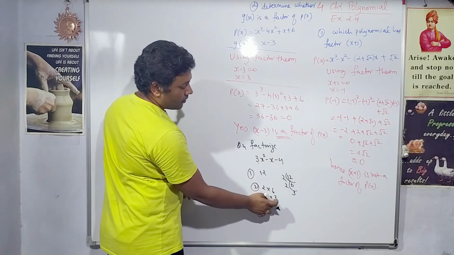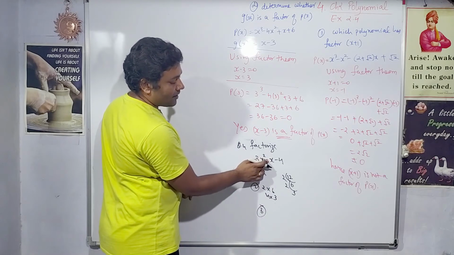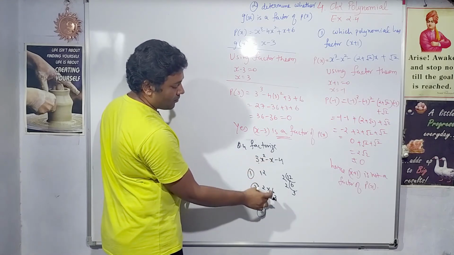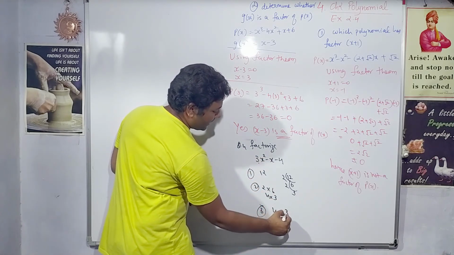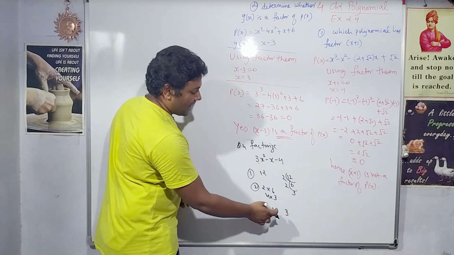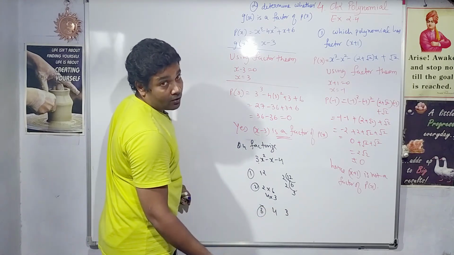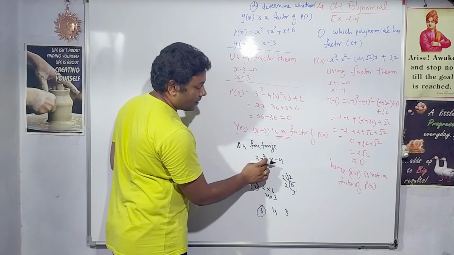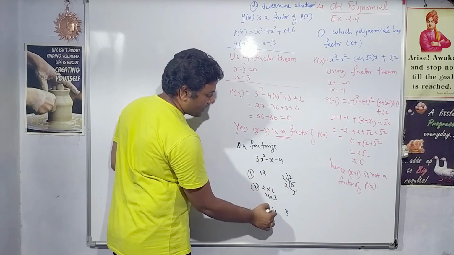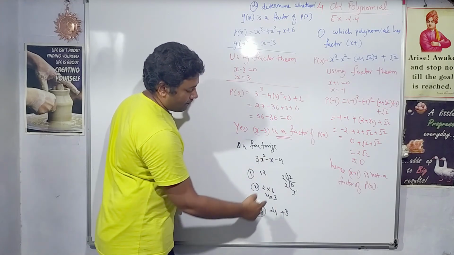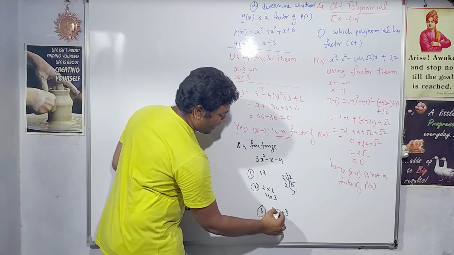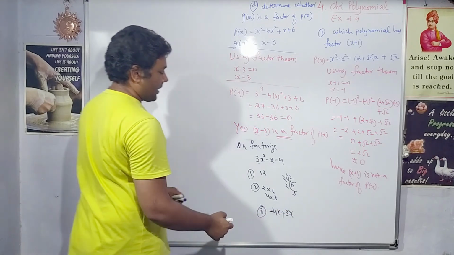So which terms will give minus 1? Here we have minus 1, so 4 and 3. Their subtraction means one should be positive, another should be negative. Since here we have a minus sign, we'll keep the minus sign with the bigger number. So this will be arranged as minus 4x and plus 3x.